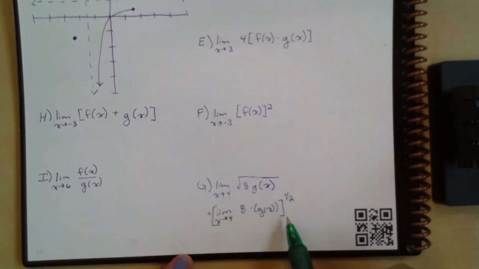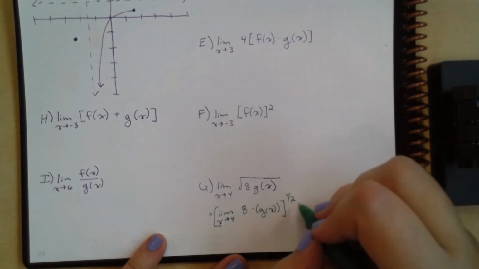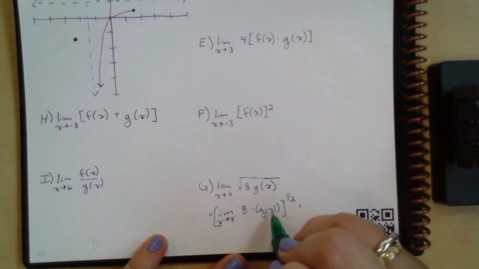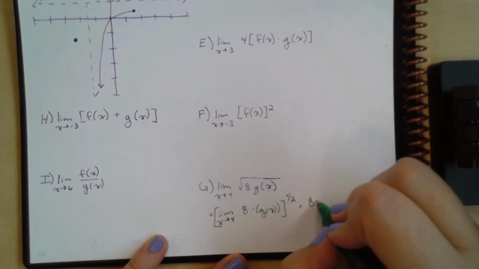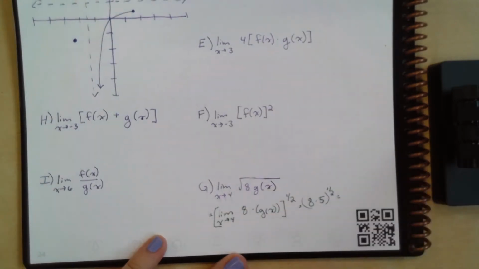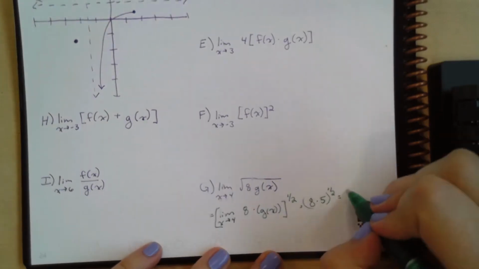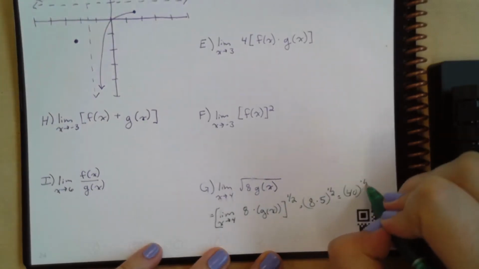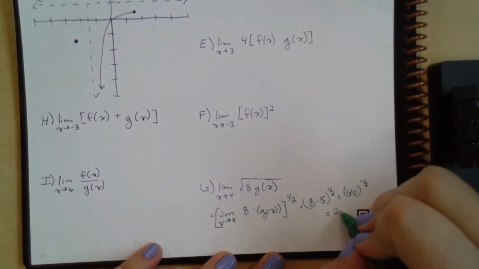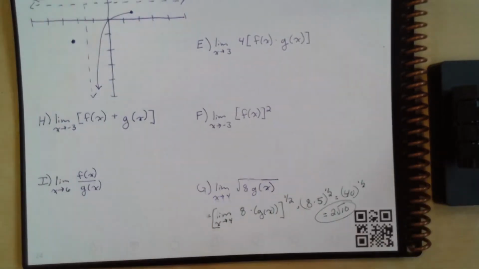All of that to the 1/2 power. So this is going to be equal to, well, we already established that the limit as x approaches 4 is 5, so this is going to be equal to 8 times 5 to the 1/2 power, which is equal to 40 to the 1/2 power, which is equal to 2 radical 10. Beautiful. Kind of ran out of room there.